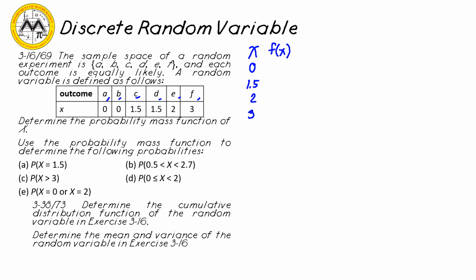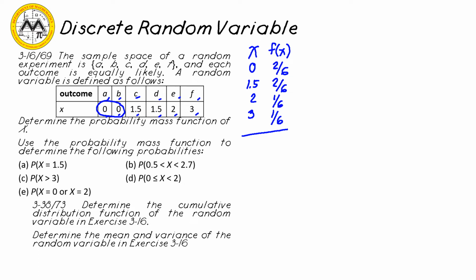So that would be 1 over 6 each. There are two 1 over 6s for 0, so this means we have 2 over 6. For 1.5, we also have 2 over 6, and then 1 over 6, 1 over 6. So this is the probability mass function of the given random variable x.